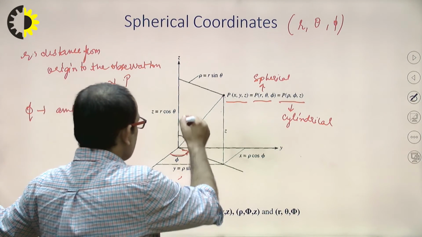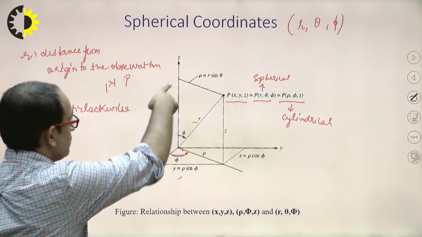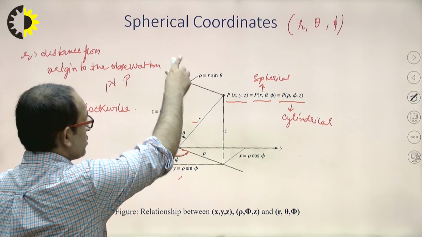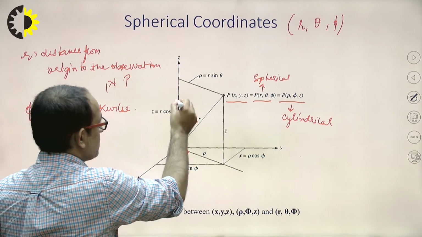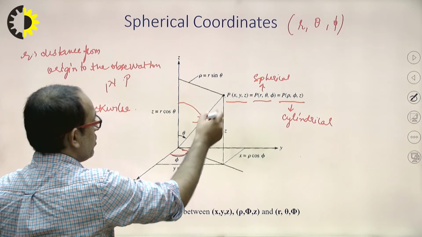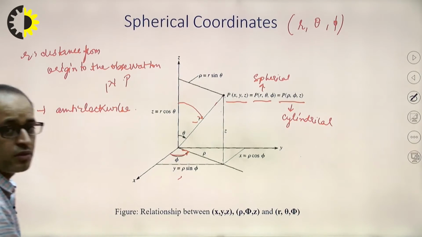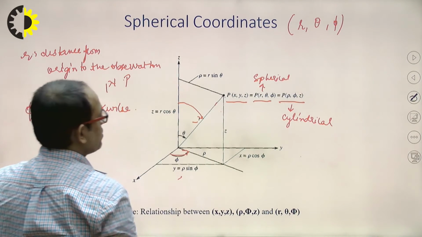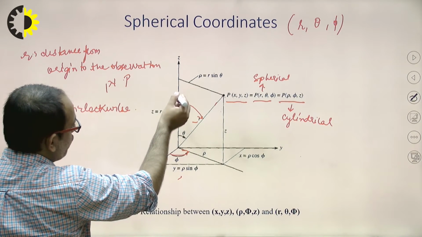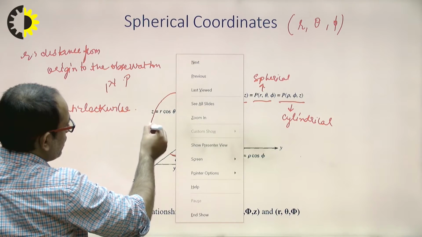And theta is the angle between the positive z-axis and the point of observation, that is P, and it can move in either direction.